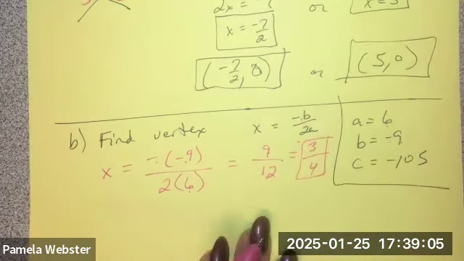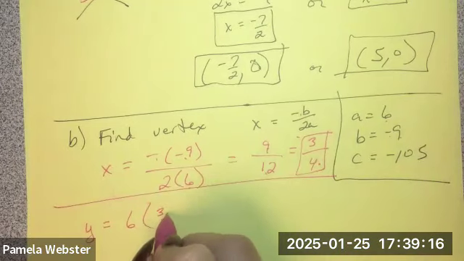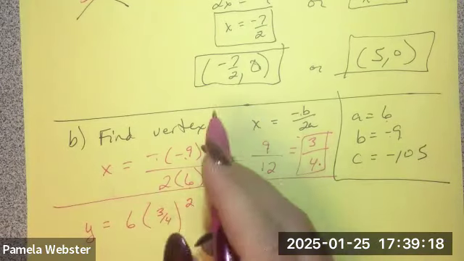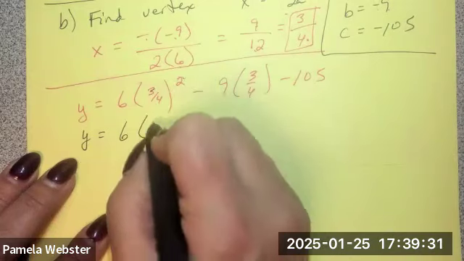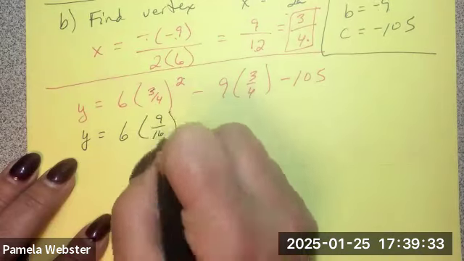If I want the y value, remember what we do. We go back to the original. y equals 6 times, and we plug in our x value. 3/4 squared minus 9 times 3/4 minus 105. Okay. Again, y equals 6 times, this is 9 over 16.